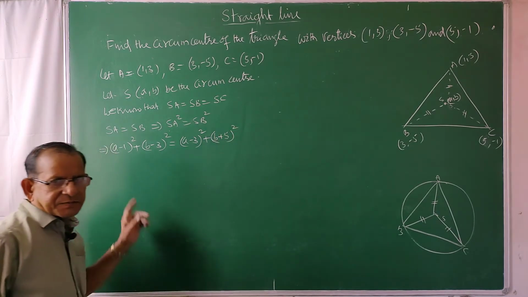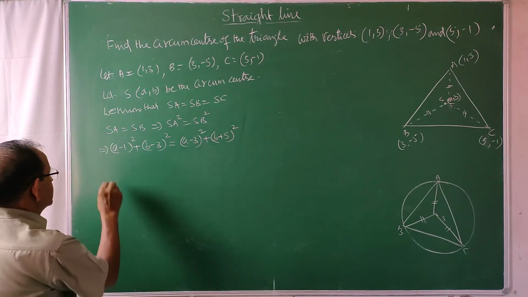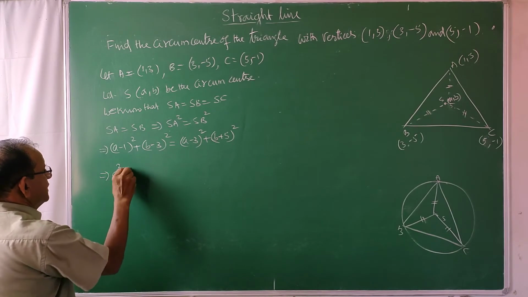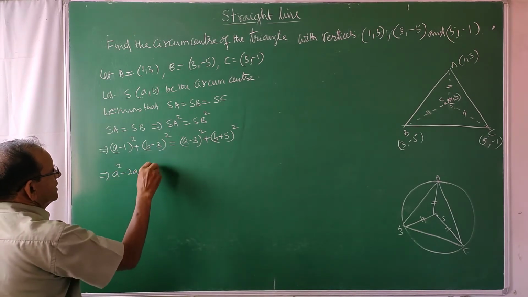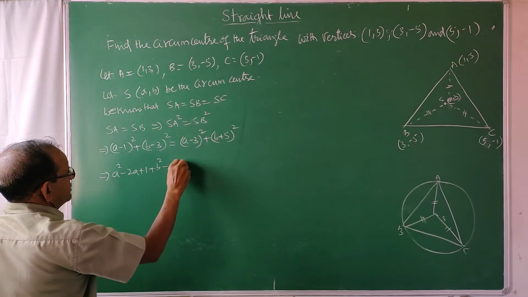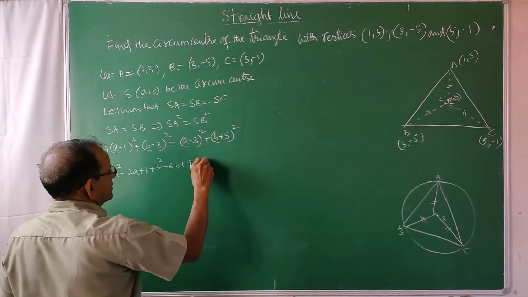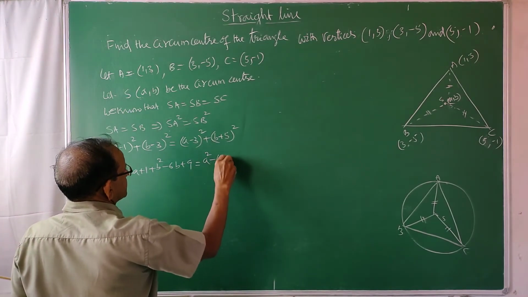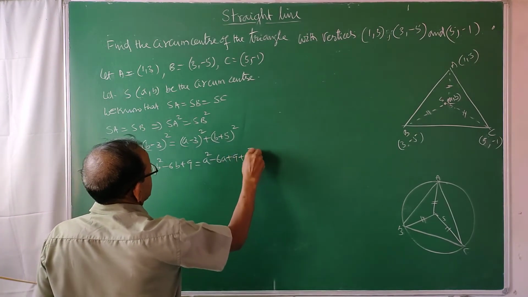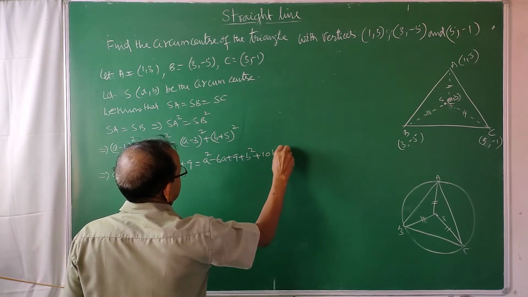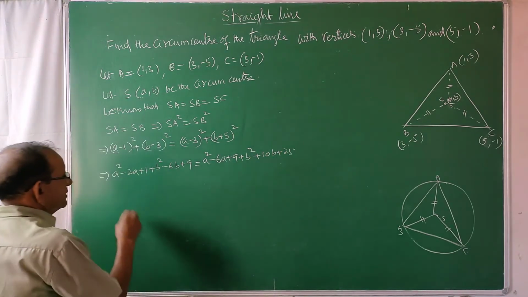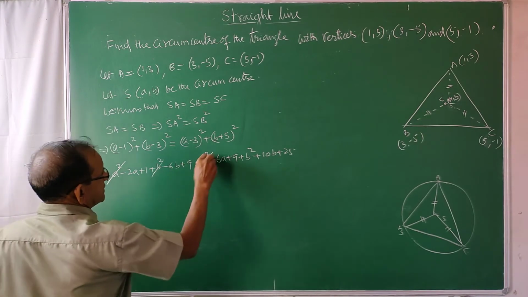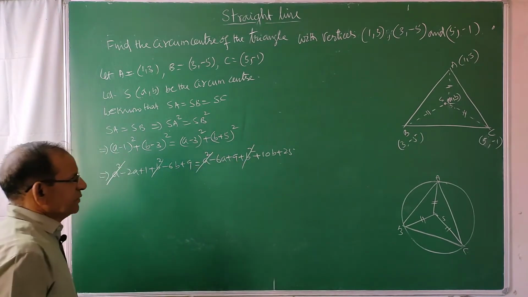Let us expand all the brackets. So that implies a square minus 2a plus 1 plus b square minus 6b plus 9 is equal to a square minus 6a plus 9 plus b square plus 10b plus 25. So you can cancel a square, b square with this a square, b square. Bring a and b to the left side.